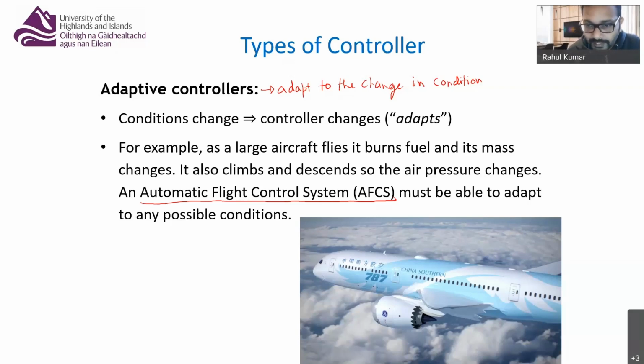So your automatic flight control system will calculate the value of fuel intake and the thrust which it should produce to take off from Beijing, keeping in mind the weight of the aircraft. Okay.